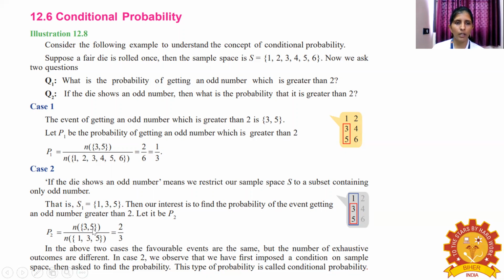So P2 is equal to n of {3, 5} by n of {1, 3, 5}, which is equal to 2 by 3. In the above two cases, the favorable events are the same, but the number of exhaustive outcomes is different. In case 2, we first imposed a condition on the sample space and then asked to find the probability. So this type of probability is called conditional probability.